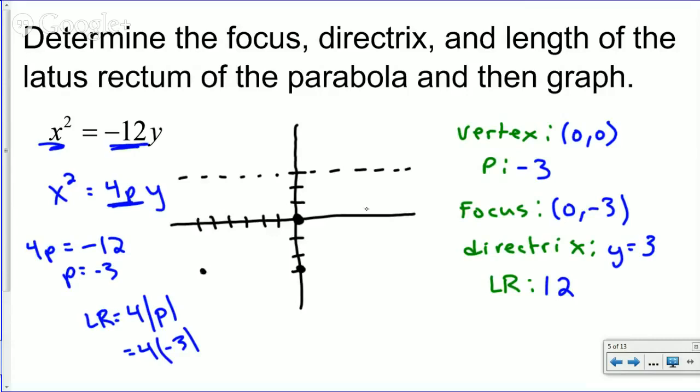Of the focus and 6 to the right of the focus. And now I have this basic shape of what my parabola will look like.